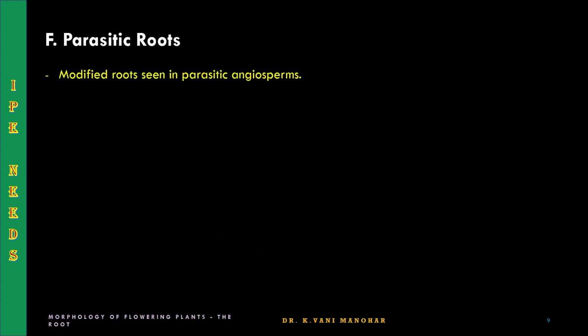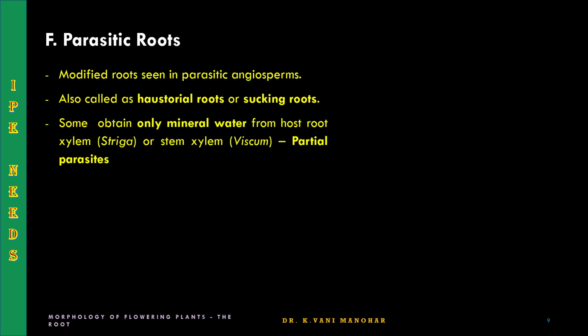Parasitic roots. Modified roots are seen in parasitic angiosperms. These are adventitious roots. They are also called haustorial roots or sucking roots. Some parasites obtain only mineral water from the host root or stem: host root in case of Striga, stem xylem in case of Viscum. They are partial parasites.